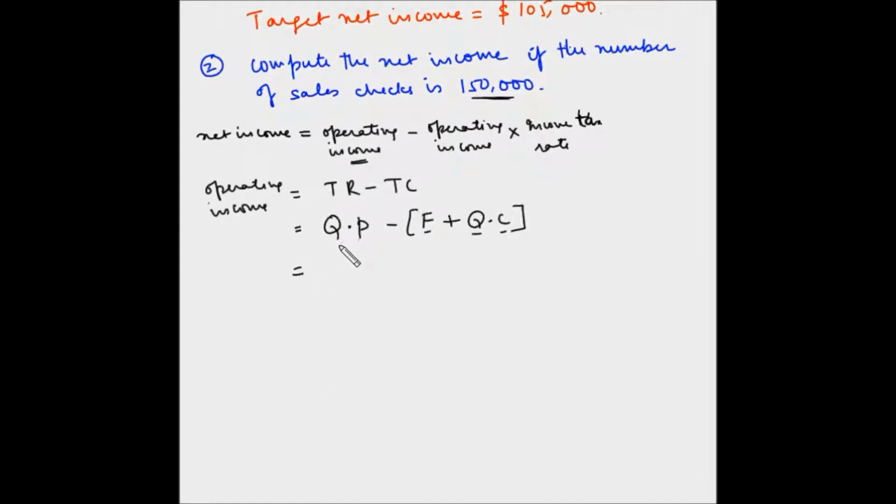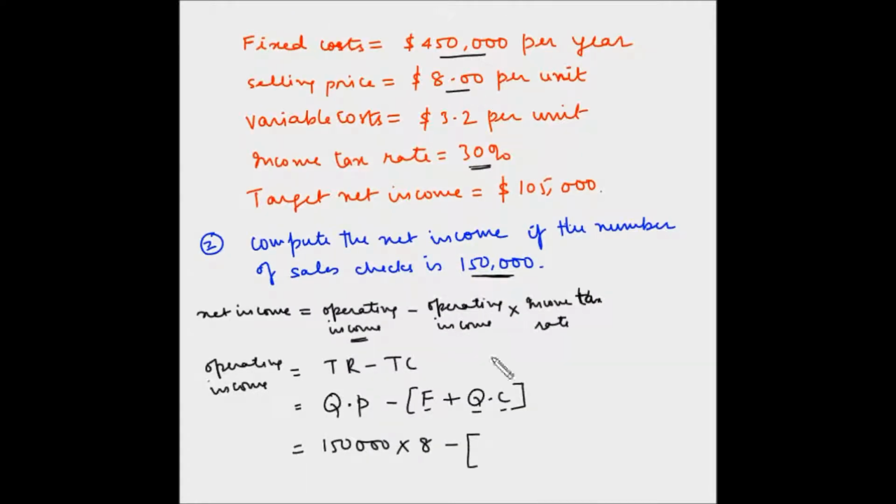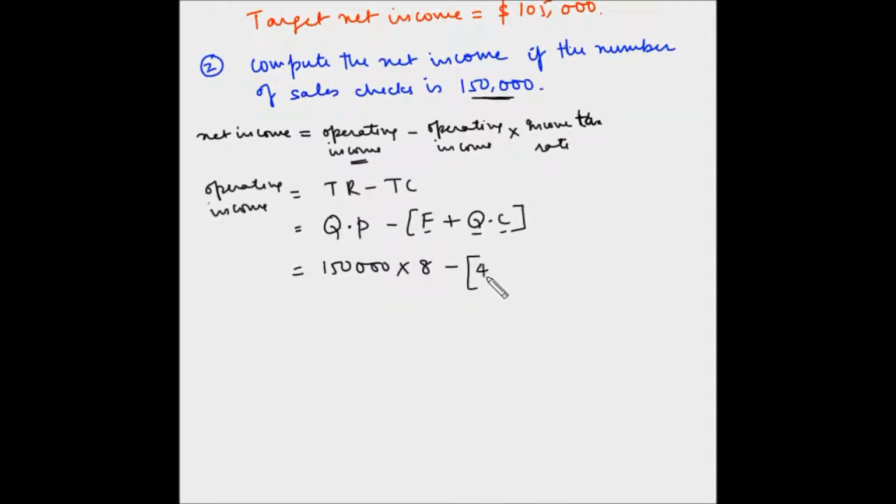So let's substitute the values. 150,000 multiplied by P, which is 8, minus fixed cost, which is 450,000, plus Q, which is 150,000 multiplied by C, which is 3.2.